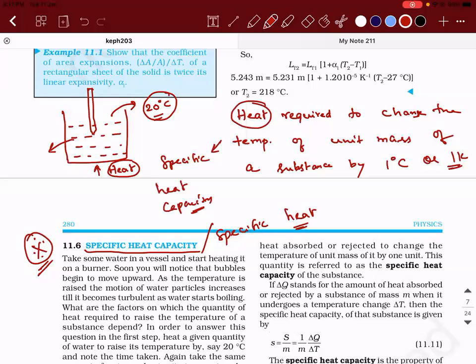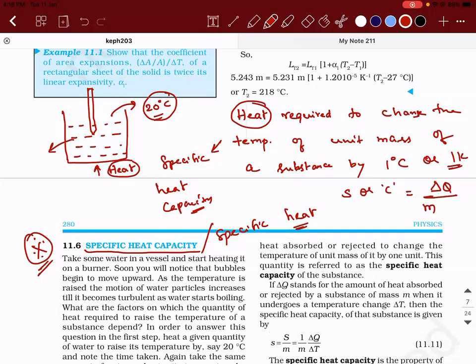Yes, sir. Right. So generally specific heat capacity is represented by the symbol S, or sometimes it is represented with the symbol C. Okay. So mathematically it is written like this. The amount of heat, that is delta Q. Heat is represented by the symbol Q. The amount of heat required to raise the temperature of unit mass of a substance.